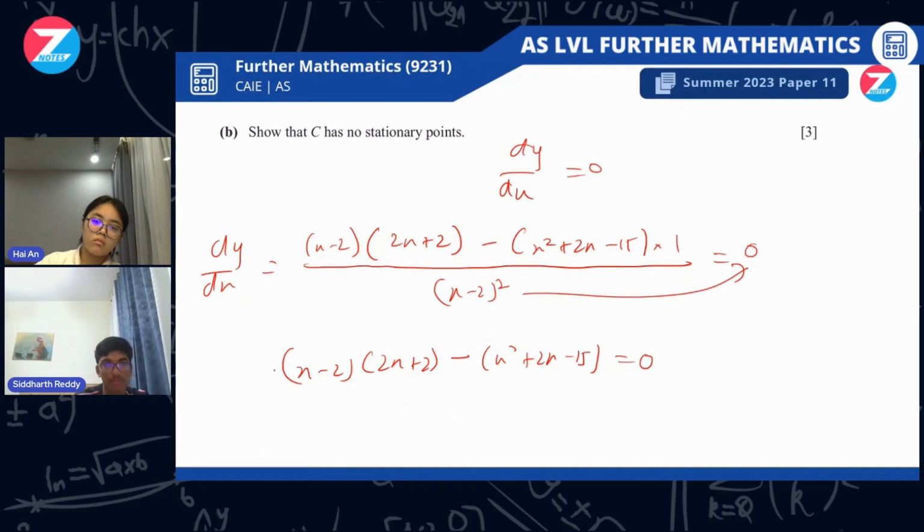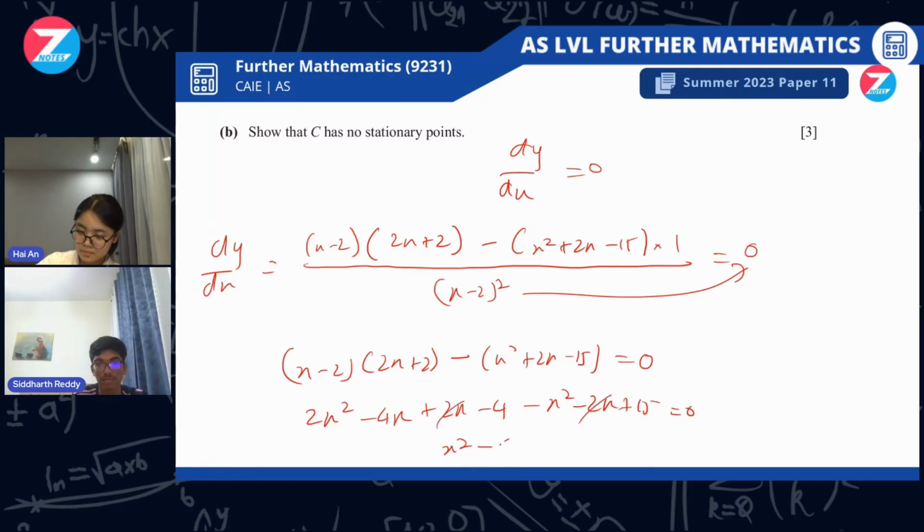Okay, so we have 2x squared minus 4x plus 2x minus 4 minus x squared minus 2x plus 15 is equal to 0. So 2x squared minus x squared is x squared. Minus 4x plus 2x is minus 2x. Minus 2x minus 2x is... okay, this just cancels. So we have minus 4x. And minus 4 plus 15, we have 11.